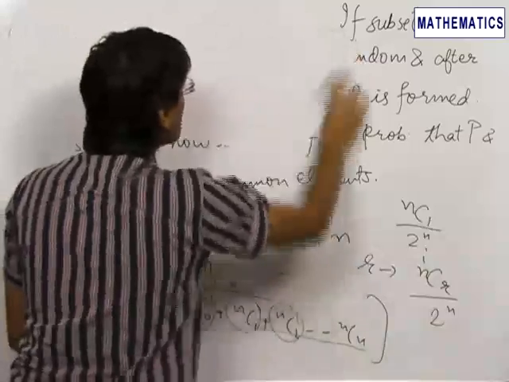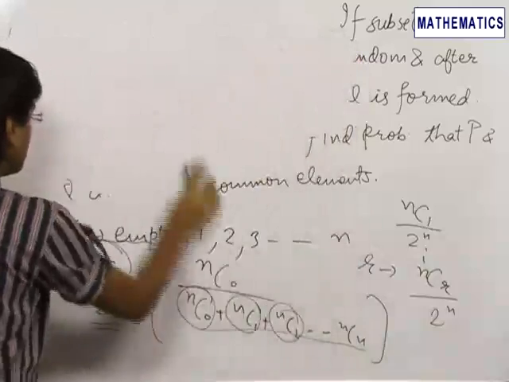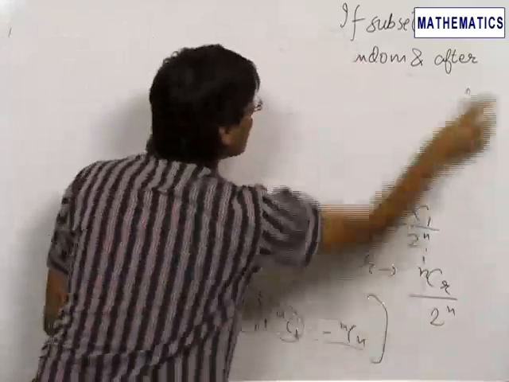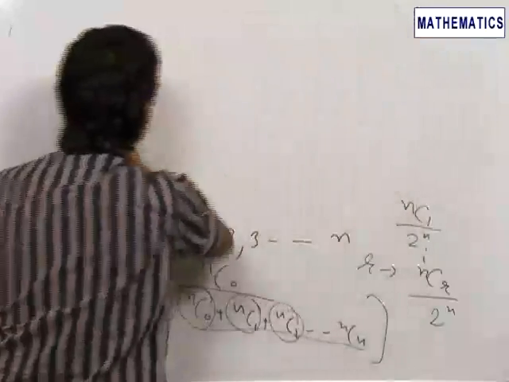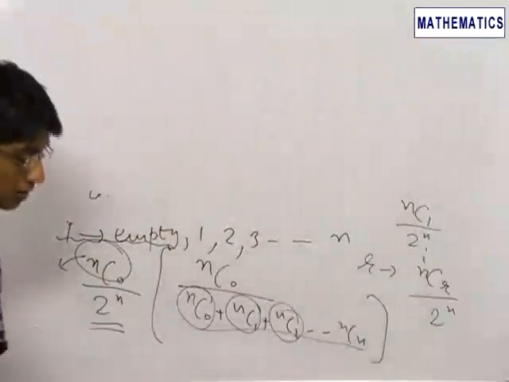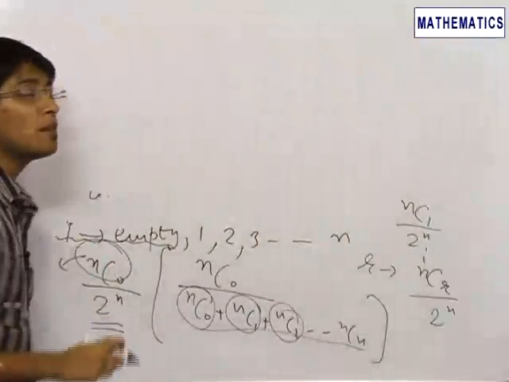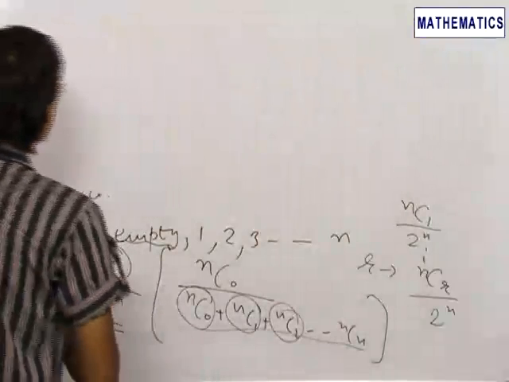Now we have got the probability of selecting a set P. Now we need to find the probability of selecting the subset Q in such a way that P and Q are not having any common element.